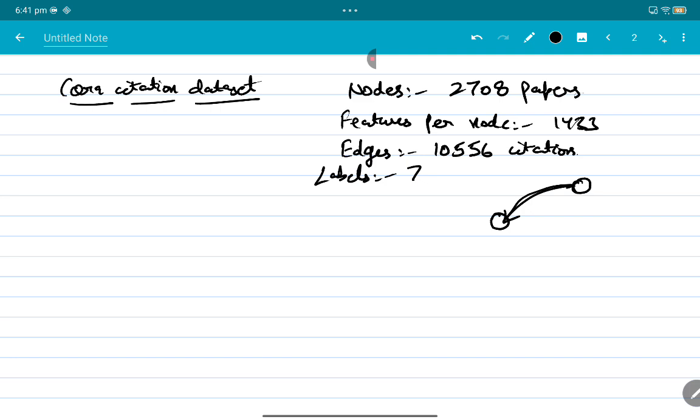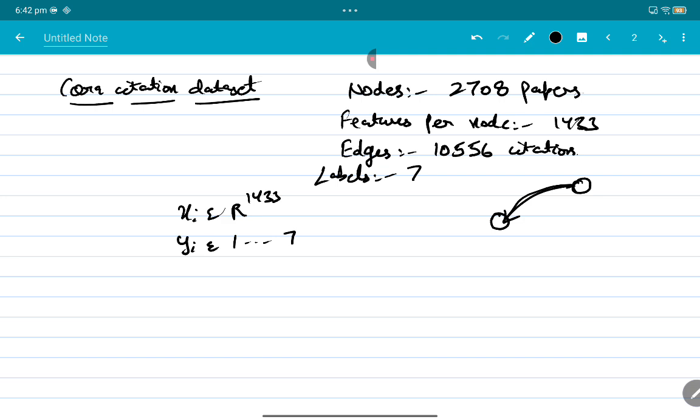So this data set has a feature vector of size 1433, because that is the number of features it has, and the labels are between 1 to 7. Now what is our goal? Our goal is to classify these papers using both their content and their citation structure.